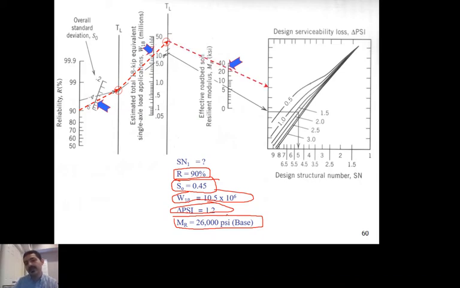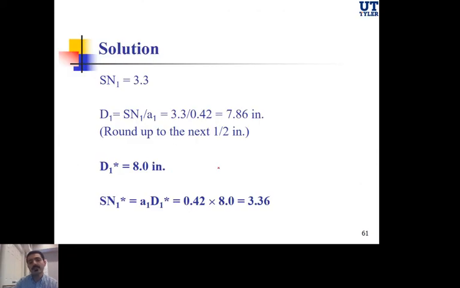You hit the y-axis at this point, and then you draw a horizontal line. From the horizontal line, you pick one of these lines to correspond to delta PSI equal to 1.2. So it's between 1 and 1.5. That's why I stopped right here. Therefore, I got the structural number SN1 equal to 3.3. So once I get 3.3, as I showed you, D1 is equal to SN1 over A1.